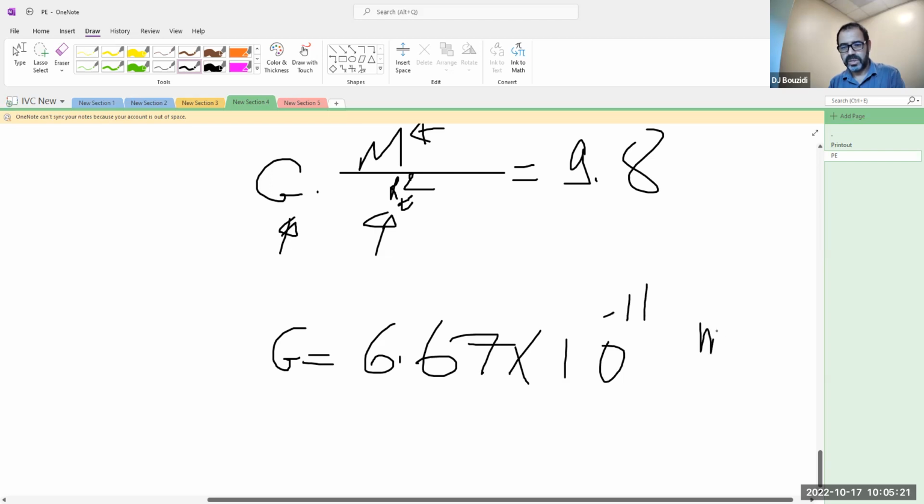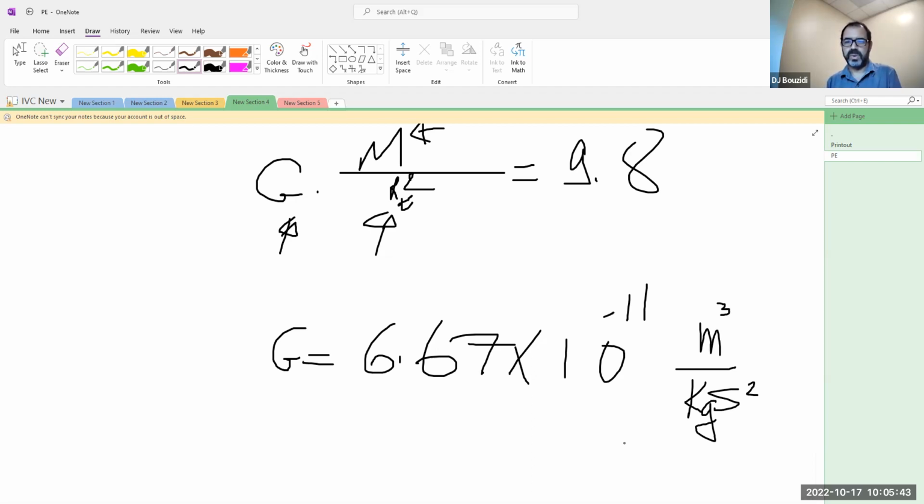Again, the units have to match, so it needs a meter cubed, a kilogram, and second squared, to get the acceleration correctly. An alternative unit that you might find in the literature is Newton meter squared over kilogram squared. That's also similar. Same thing.